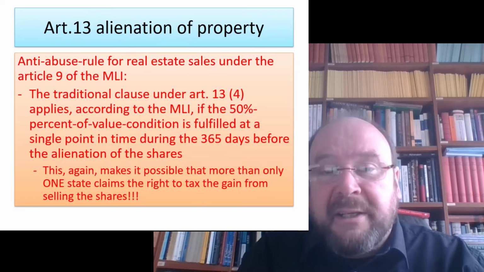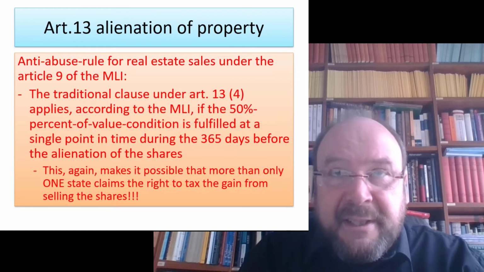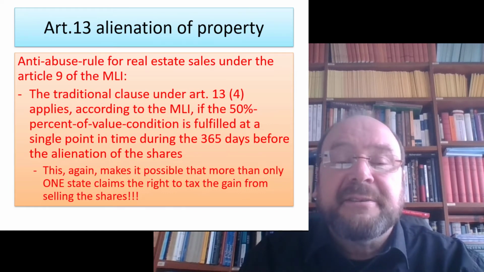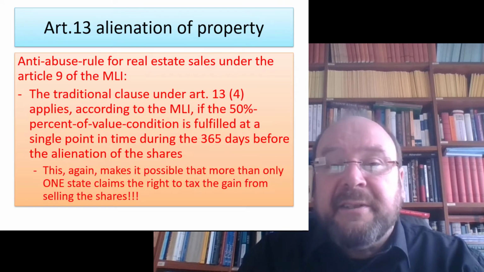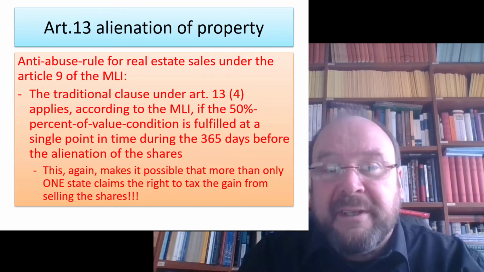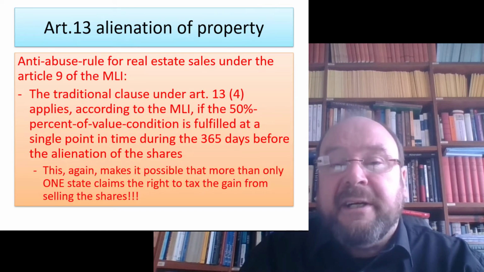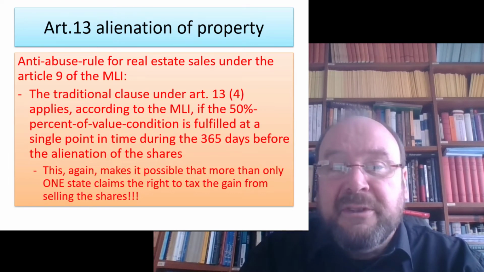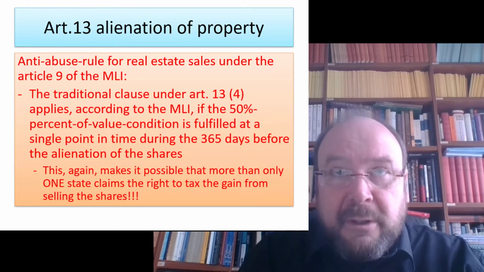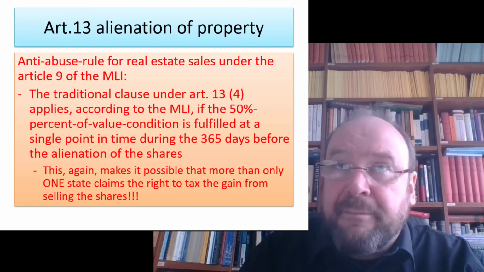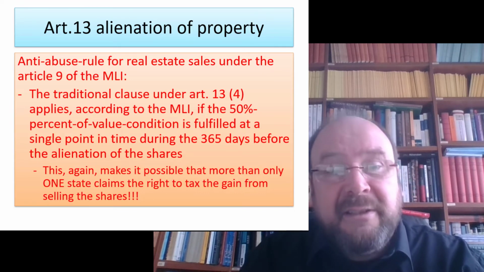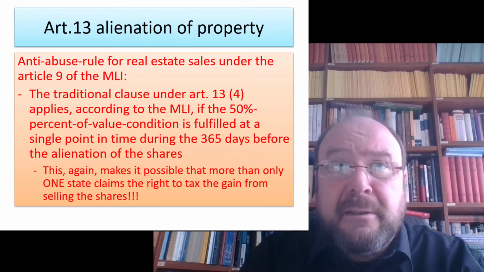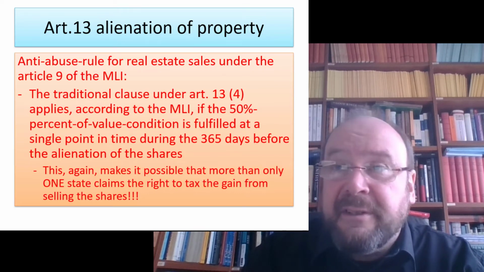One might, for example, think about the following constellation. You have such a company in a state which has only one building, 500,000. It has no liabilities and nothing else. So 100% of the value of the shares relies on the value of the house. Now you want to sell that house, and what you do is, shortly before you sell to a potential buyer, you just push in another 1.5 million in cash or shares which are traded on the stock exchange.